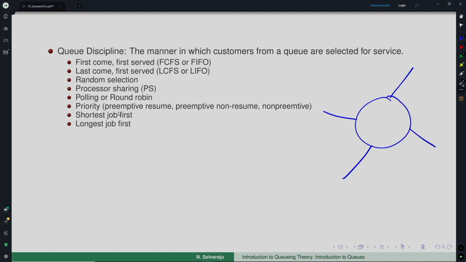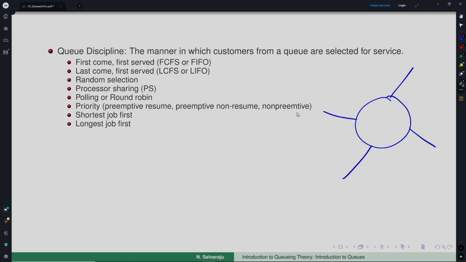Now, when priority happens, there could be two things: one is preemptive and the other is non-preemptive, right. It concerns what happens to the customer of lower priority who is currently getting served when a higher priority customer arrives.